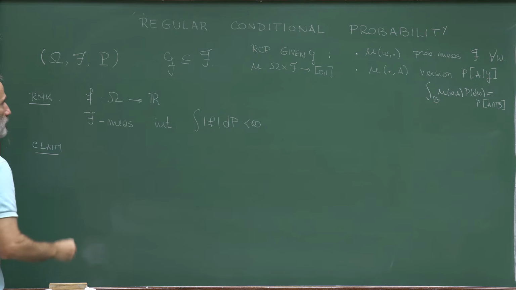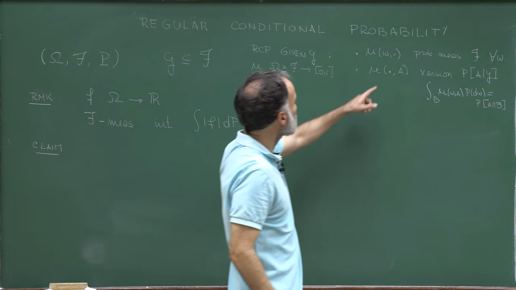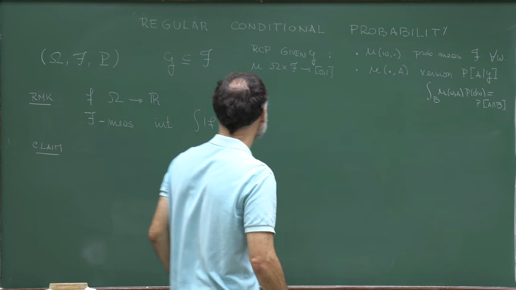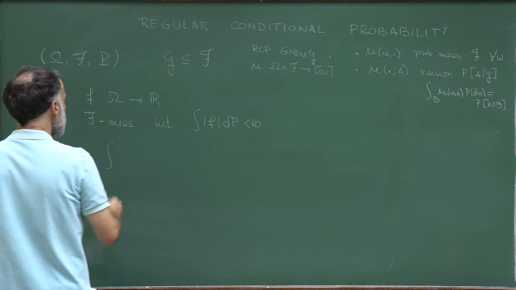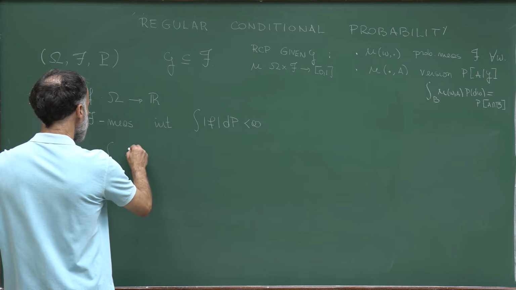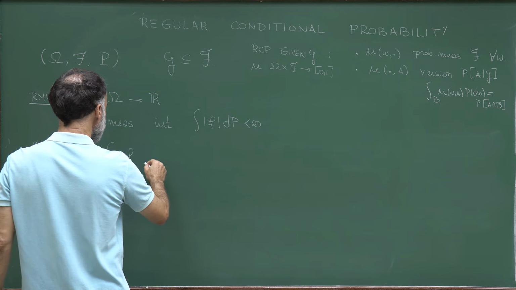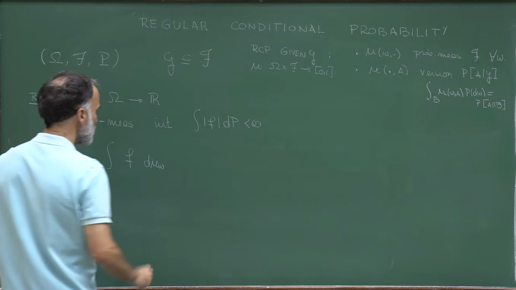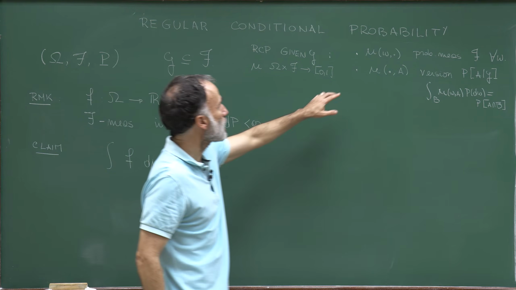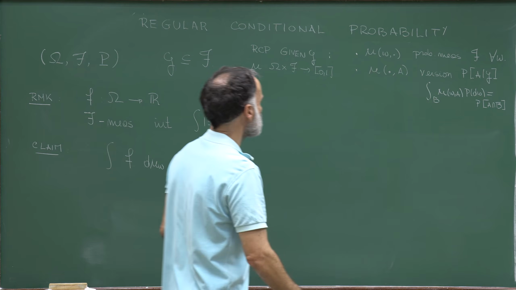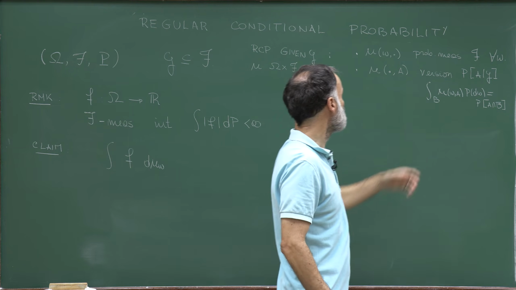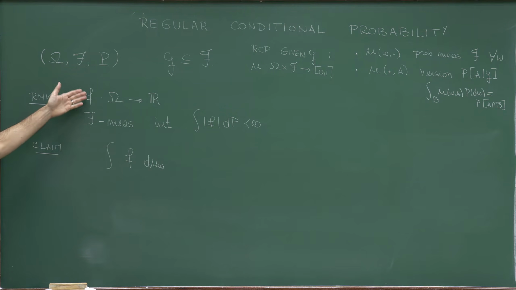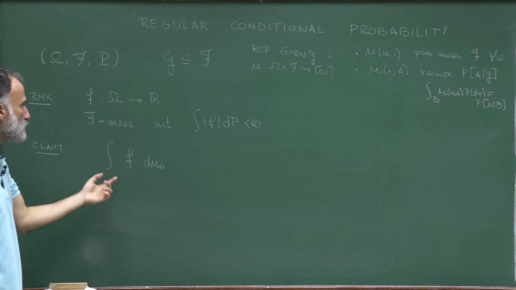is the following. Well, we know that for any fixed omega, this is a probability measure. So let's take this function f and integrate that with respect to this measure. So mu omega is this measure, which is defined on F. So since f is, well, let's say f is bounded, then this is well defined.